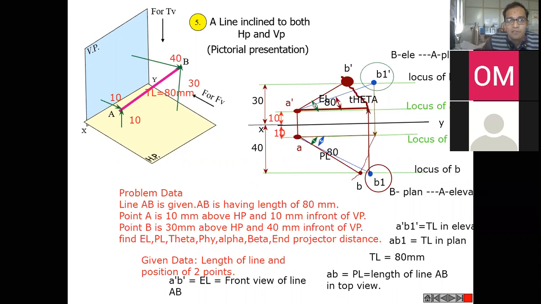And after drafting the whole problem, if we get a similar observation, like a dash a and b dash b are on the same straight vertical line, then the distance between a dash a and b dash b, this is the distance I am talking about. That distance is going to be called the end projector distance.